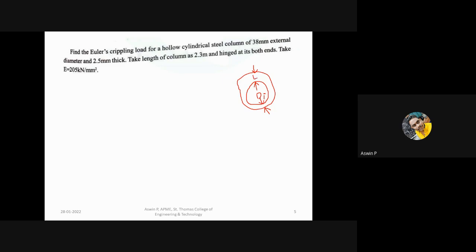Take Young's modulus E_S as 205 kilonewton per mm square.